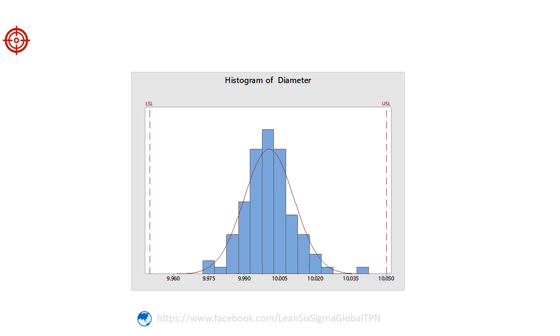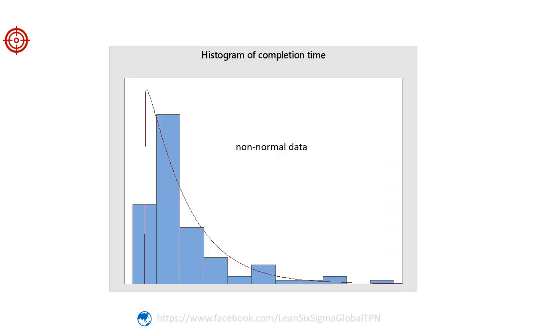The most common way to do this is to assume the data follow a normal distribution and then use it to estimate the capability of the process. Although the normal distribution is commonly used to describe process data, it is not always the best fit for many processes. In a later lesson, we'll learn how to prepare non-normal data for capability studies.